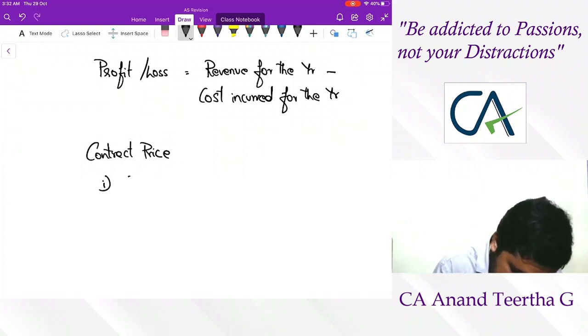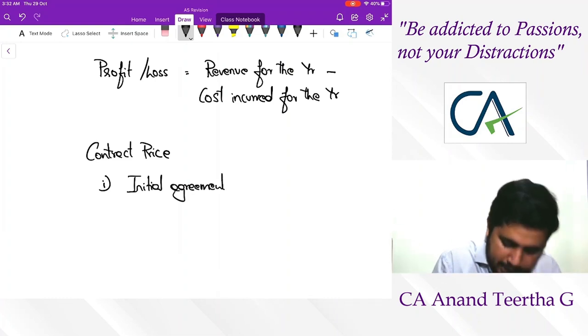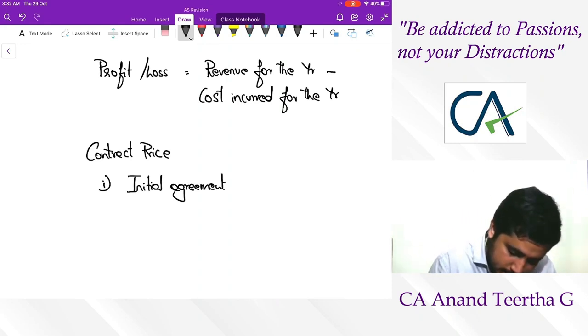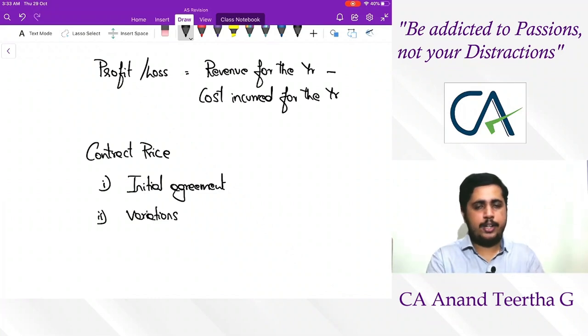First, the initial agreement. Whatever price is fixed according to the initial agreement will be included in the contract price. Second, if there are any variations. Initially you entered into the agreement and the work got started, but later there were some variations in the contract.